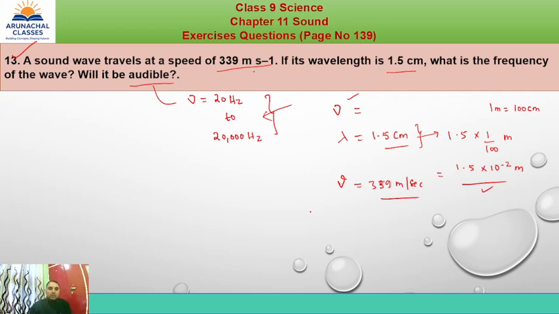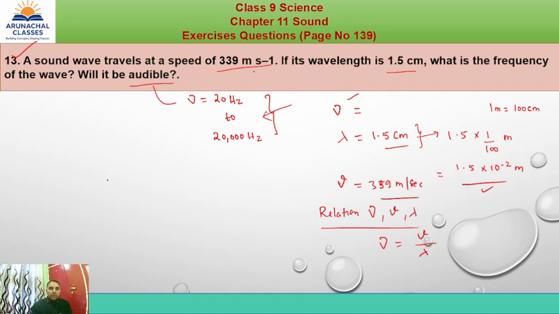Let's have the relation between frequency, speed and wavelength of sound. So nu is equal to speed of sound divided by wavelength. This symbol is called lambda. Now here we will solve.